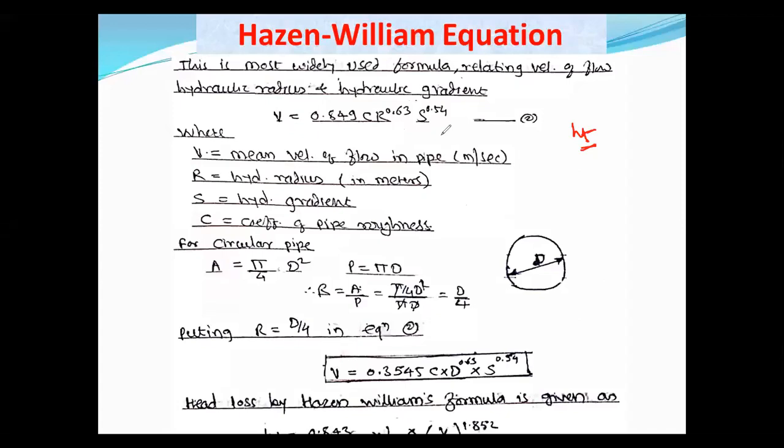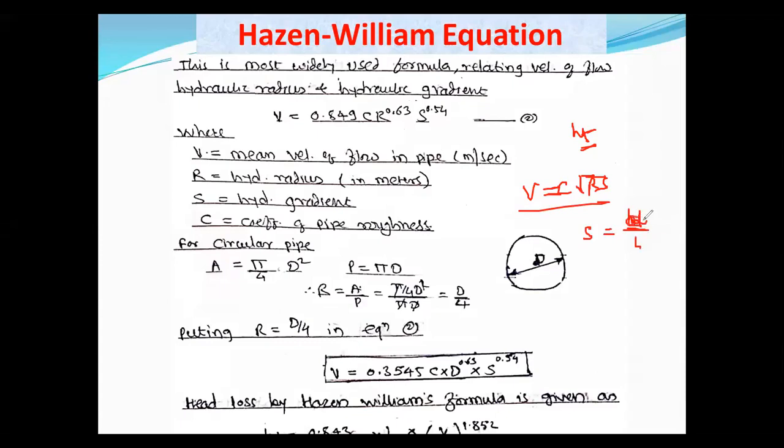Okay. So already we have discussed this point while studying the Chezy's equation. V is equal to C into under root of RS, that in the introduction to fluid mechanics subject. So there, this S is nothing but the hydraulic gradient, or we can say slope. S is equal to HL.